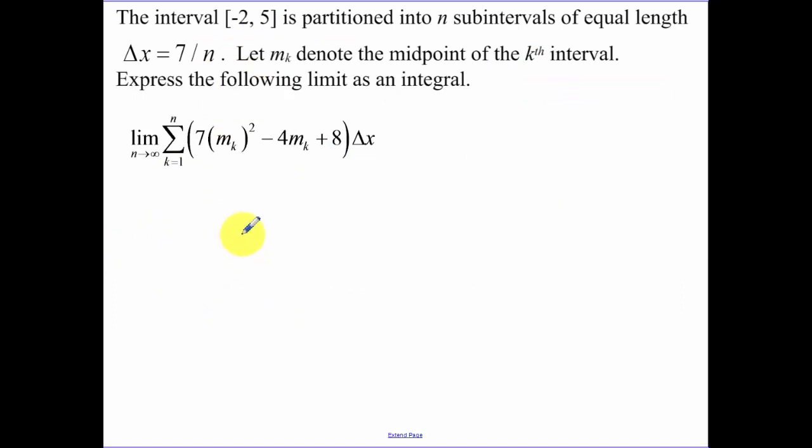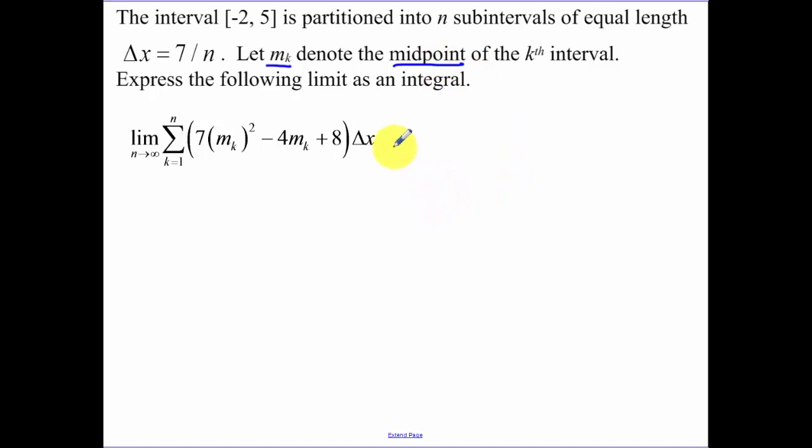Breaking this down. So the interval from -2 to 5 is partitioned into n subintervals of equal length, because remember on the top we did b minus a, so that's 7 divided by n, the number of rectangles we're going to have. M sub k is denoting the midpoint, so we're doing a midpoint approximation.